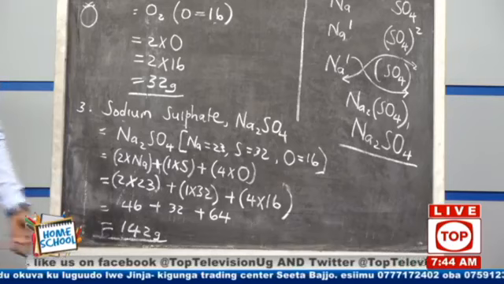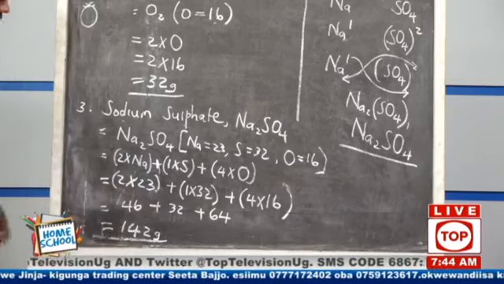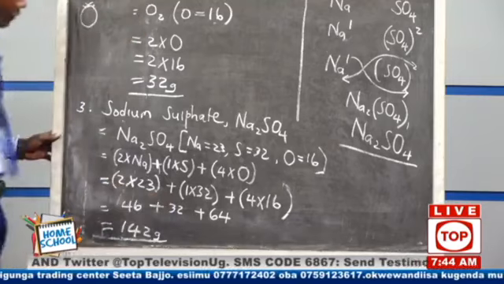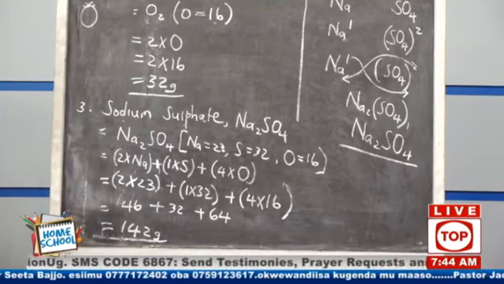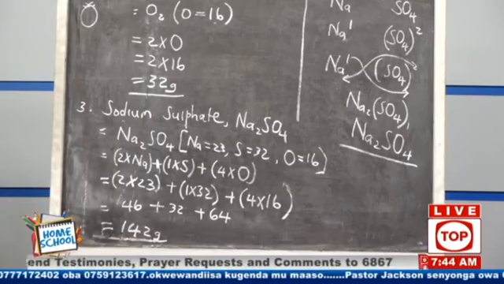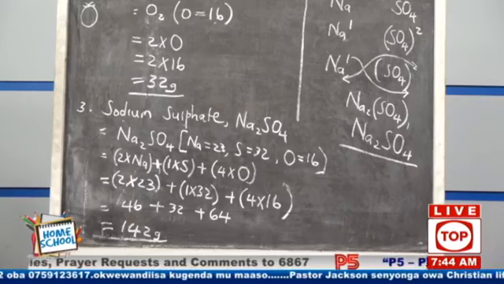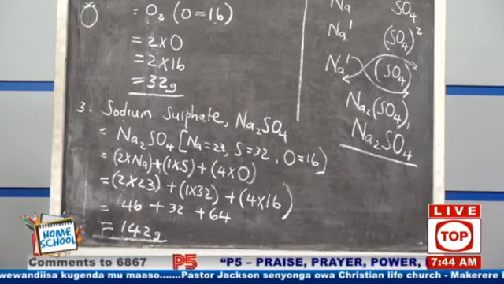Please, if you have got a wrong answer, try to use your calculator very well. And you make sure you come up with 142 grams. That was our example 3. So you can look at the last example, but not least, which is example 4.